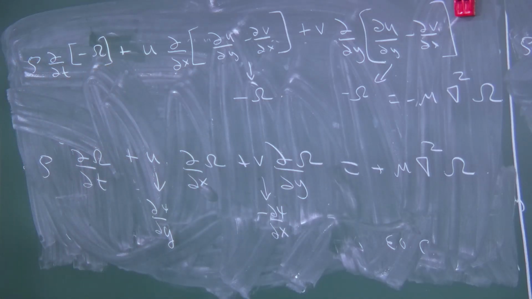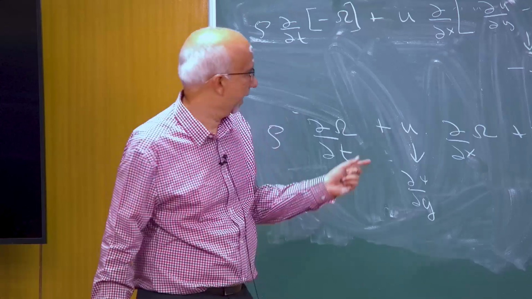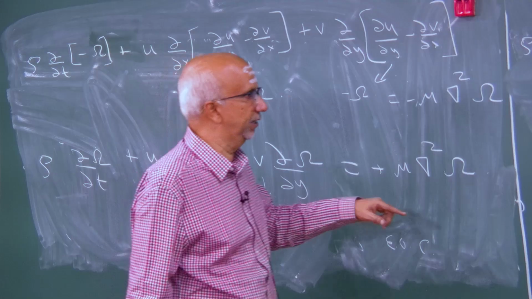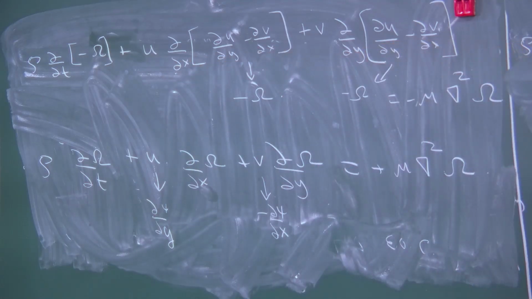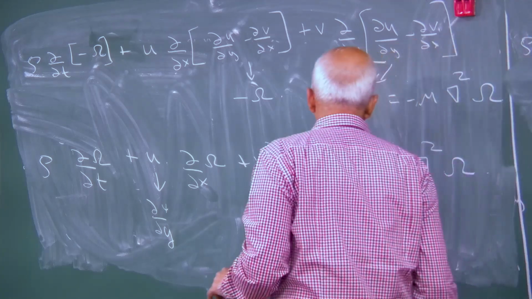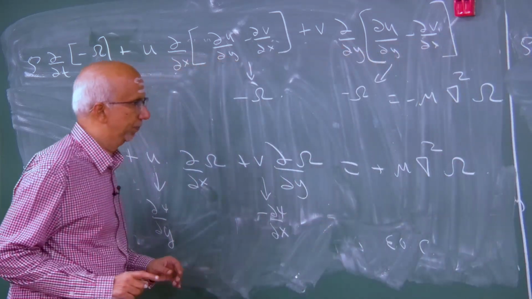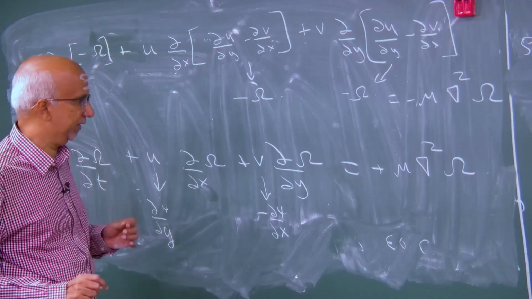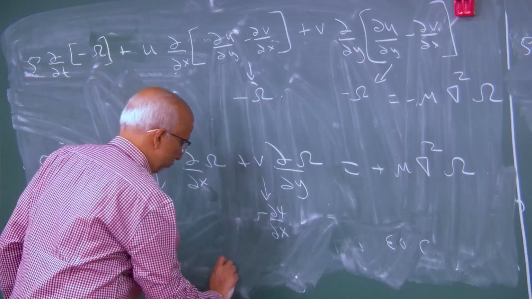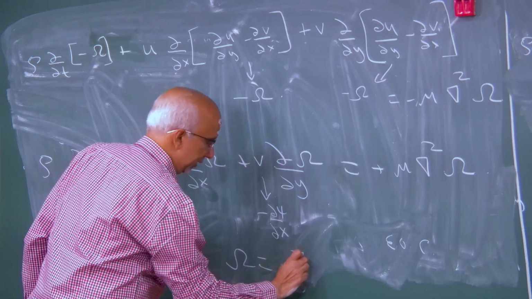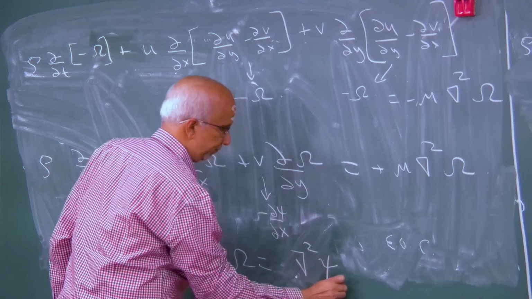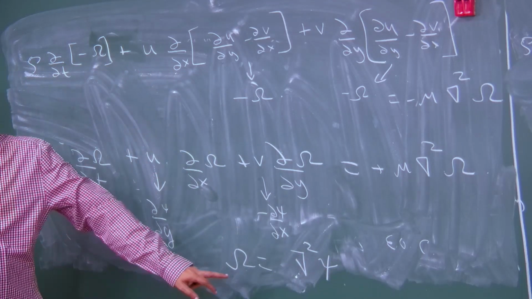That was the definition of the stream function. And then I related the stream function and the vorticity, remember? I wrote the vorticity in terms of the stream function. Vorticity was del square psi. Was it plus or minus?